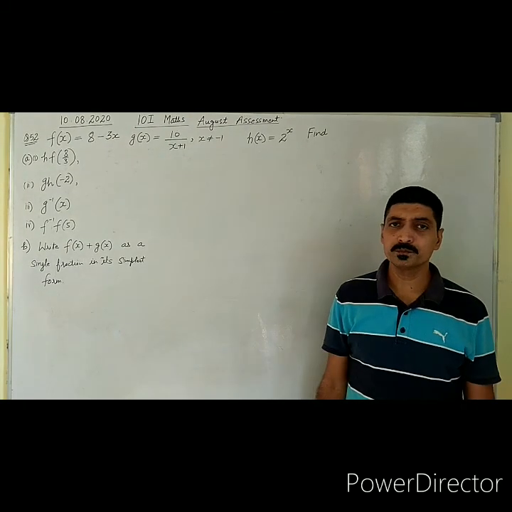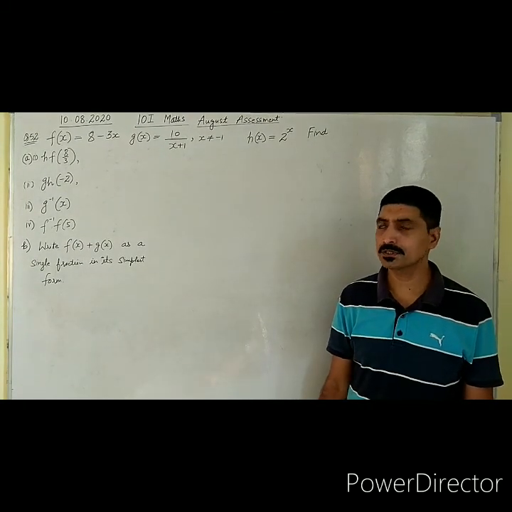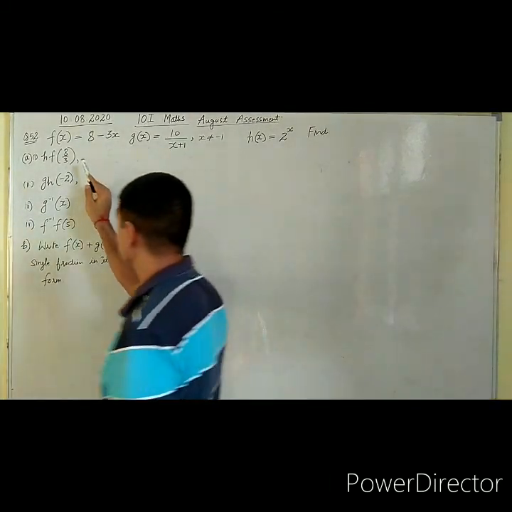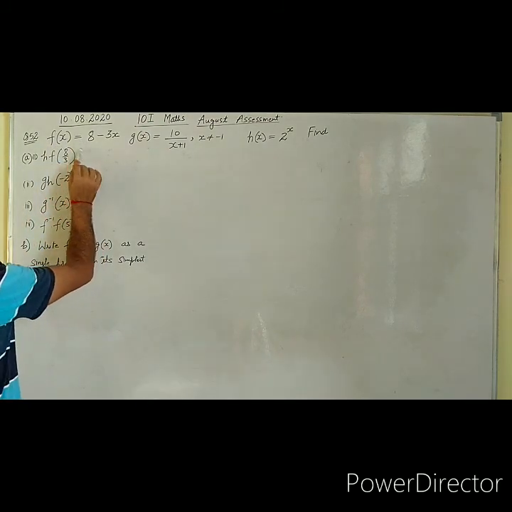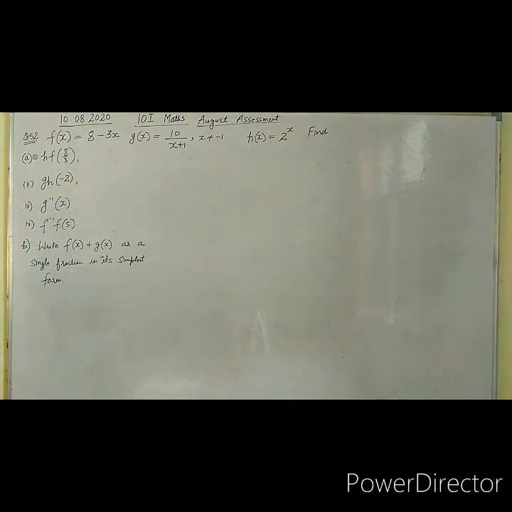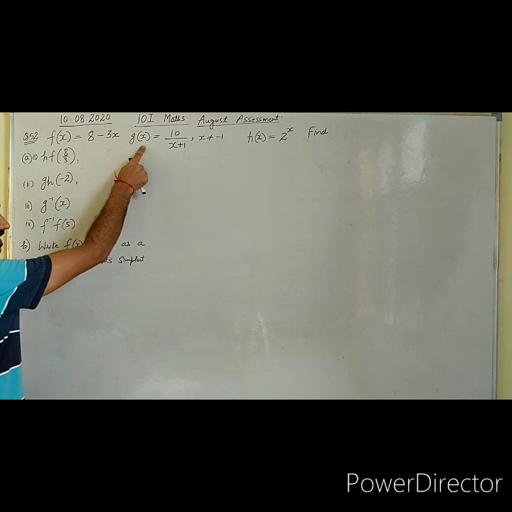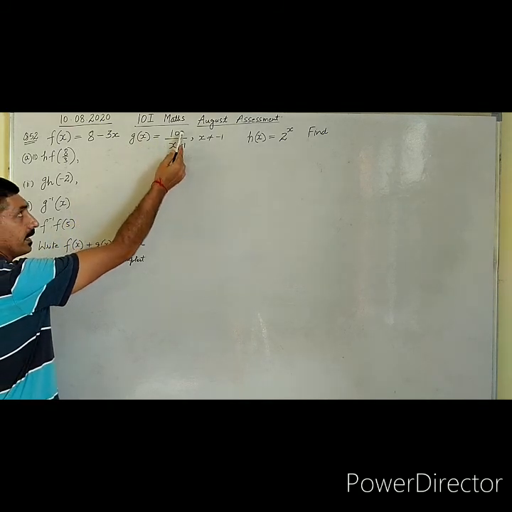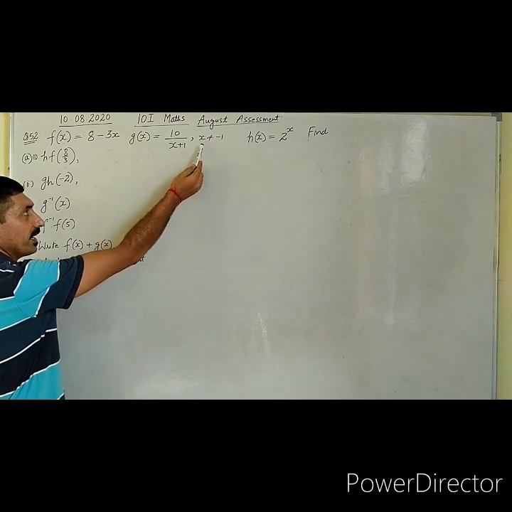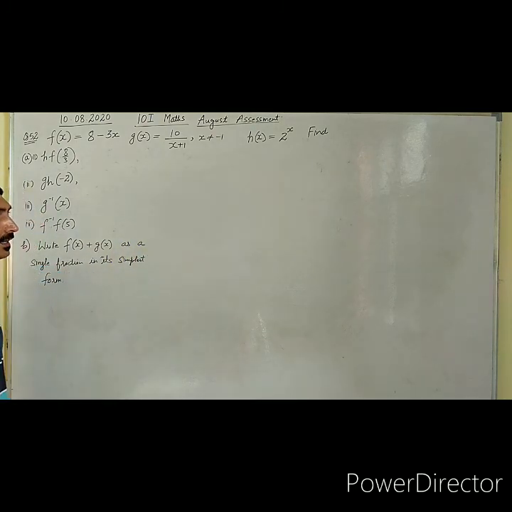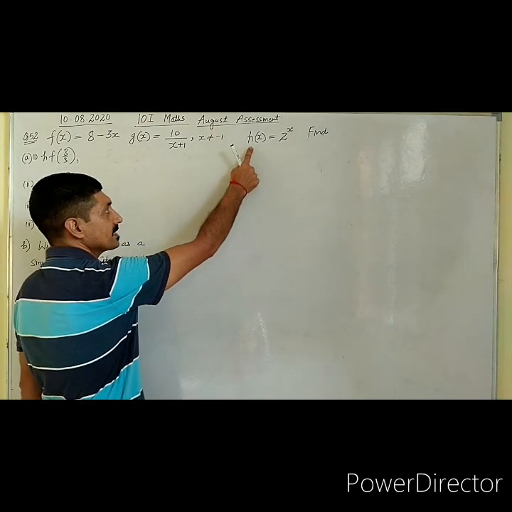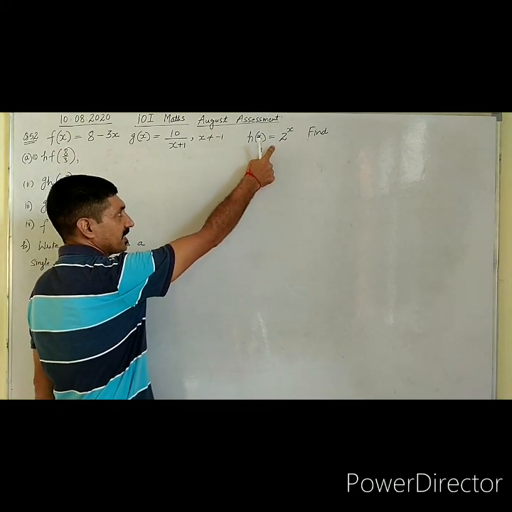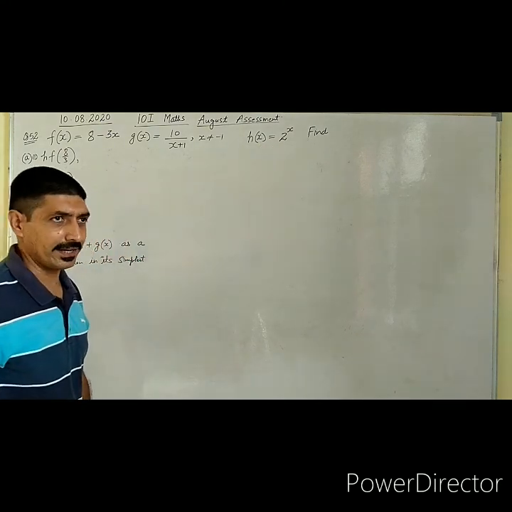Question number 52 is related to functions. We have one function f(x) that is x minus 3x. The second function g(x) is equal to 10 upon x plus 1, where x cannot be equal to minus 1. And the last, h(x), is 2 raised to power x.